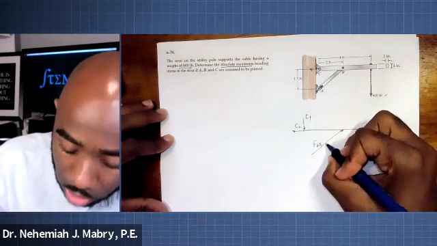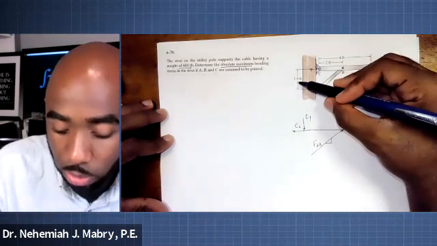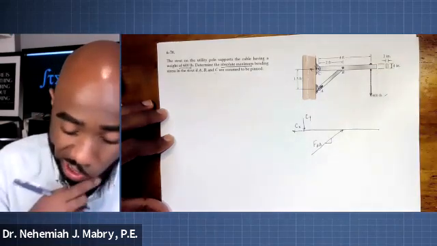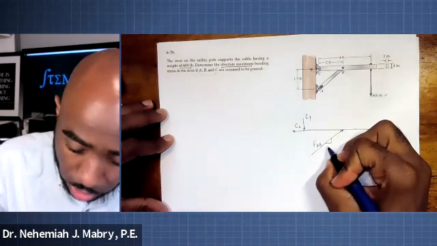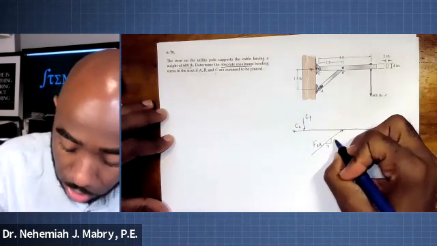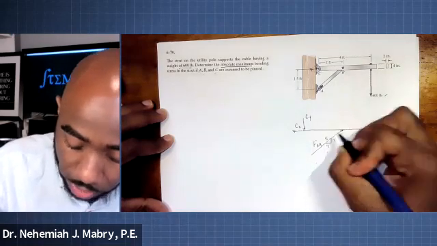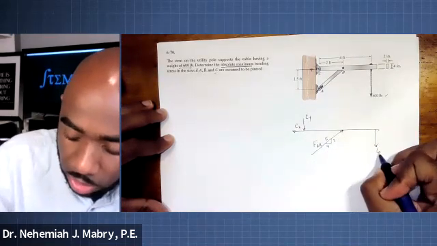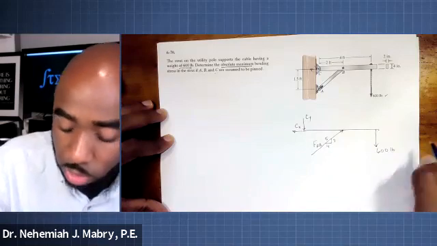According to how our dimensions look, 1.5, 2, this is a 3, 4, 5 triangle. So 4 is horizontal, 3 is there, and then obviously that's the 5. Coming over here, they've already told us that this is a 600-pound force going down.